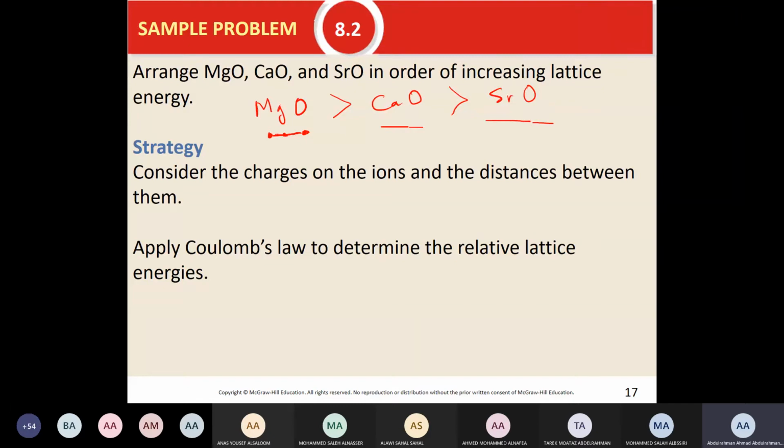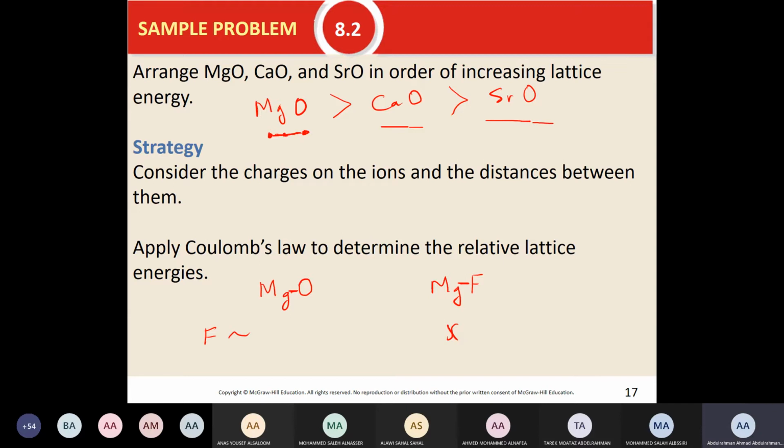Good. Let's compare one more. Let's compare MgO to MgF. Of course, which one will have a higher force between them? MgO. If this is X, then what will be the value of the force for MgO approximately? 4x? 3 times? 4 times?